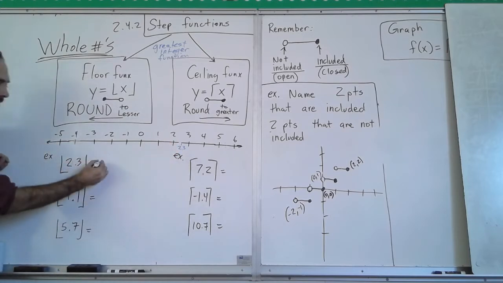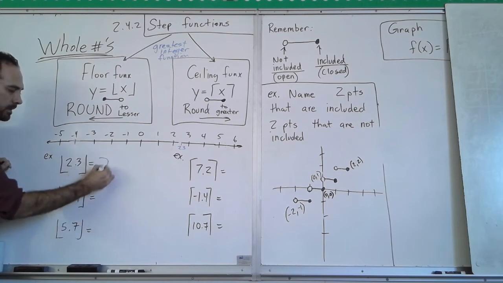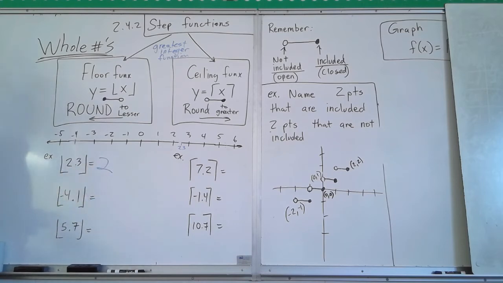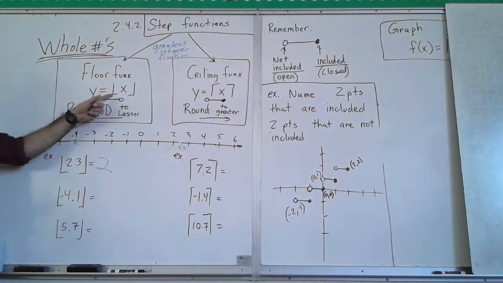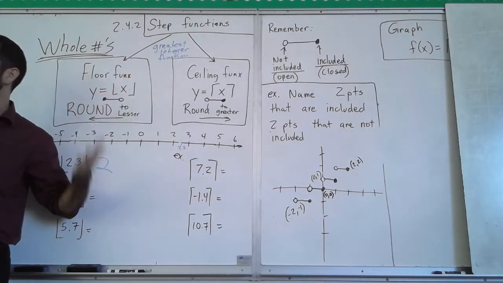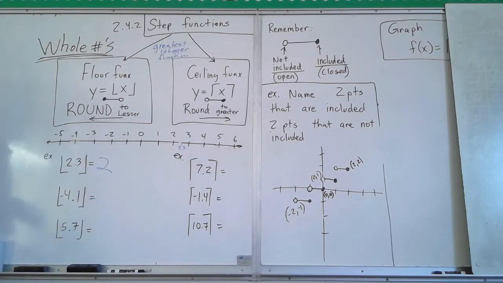So the answer for floor of 2.3 is 2. See, it's just a clever way to say we're going to round up or round down. I know you're all used to rounding up if it's 0.5 or greater. But based on what they tell us with these symbols, we're going to know if we need to actually round up or round down.